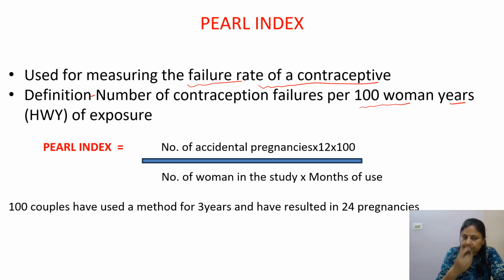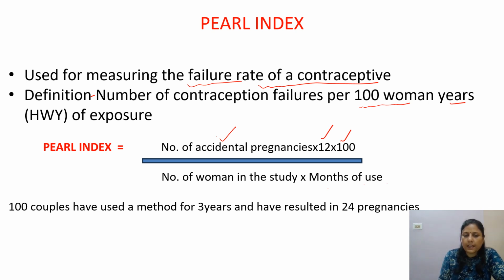So the Pearl index is equal to the number of accidental pregnancies after using contraception per 100 women and for a year, that is 12 months, divided by the number of women observed, multiplied by the months of use, how many months they used that contraception.